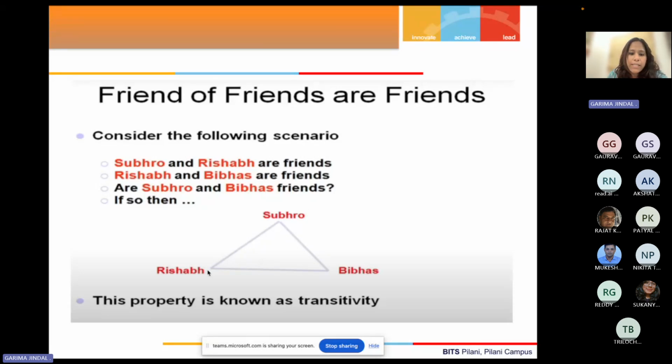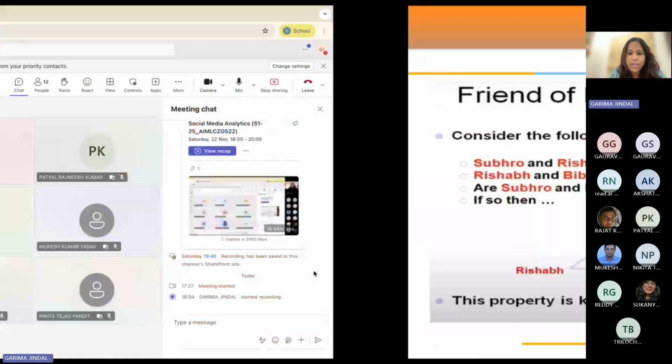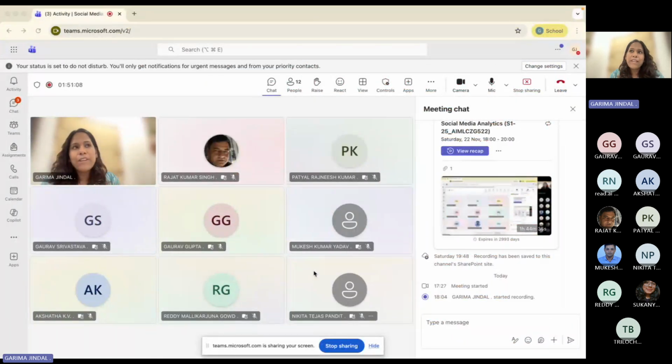Suppose Rishabh and Shubharo are friends, and Shubharo and Vibhas are friends. Now these two have a mutual friend, Shubharo, so the probability of Rishabh and Vibhas becoming friends increases. Let me take a real world example.